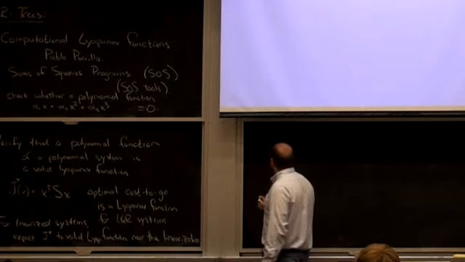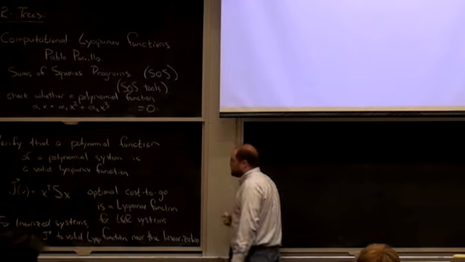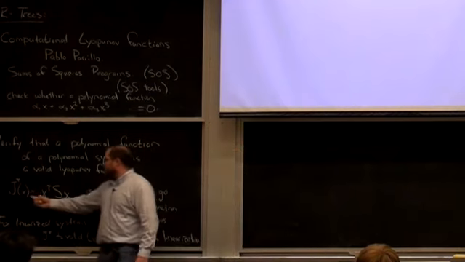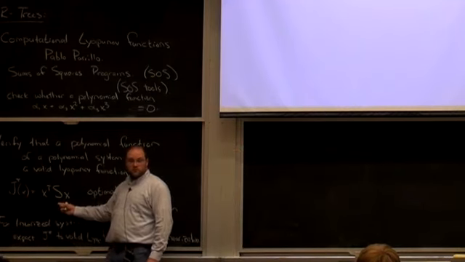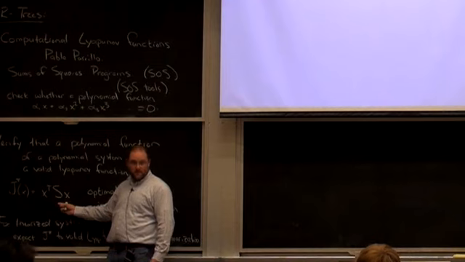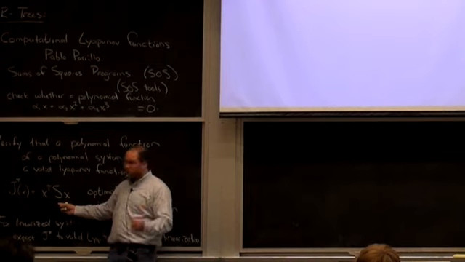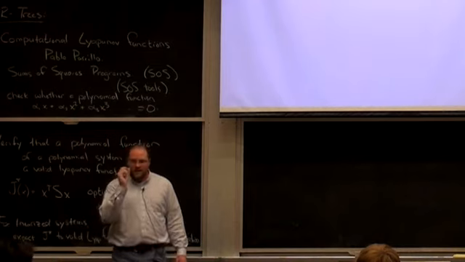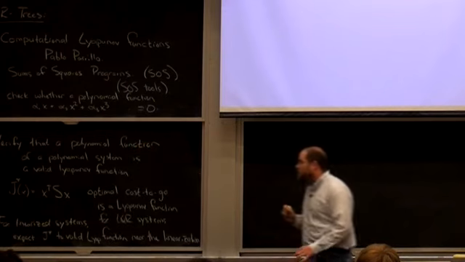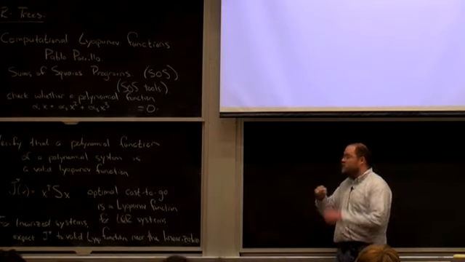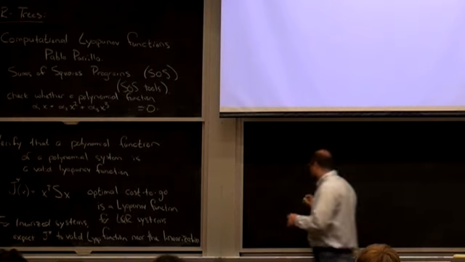Okay, so it turns out J is a scalar, right? My cost to go is a scalar. It turns out I can very succinctly describe the boundary of this function. Let me just write it and then I'll say it carefully.